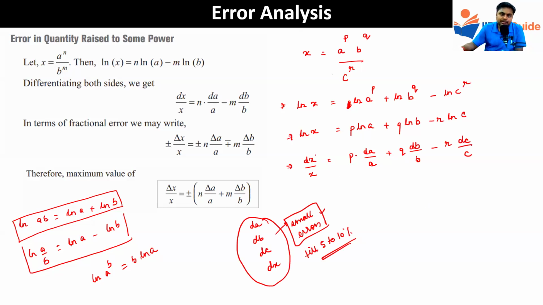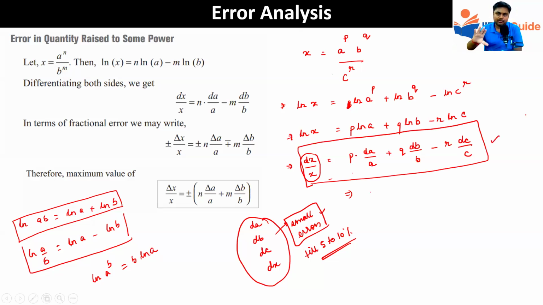So therefore we can write the error percentage in x like this. Please note it down. This is how we are going to calculate, and you will find this question coming up repeatedly in JEE Mains and even JEE Advanced also.